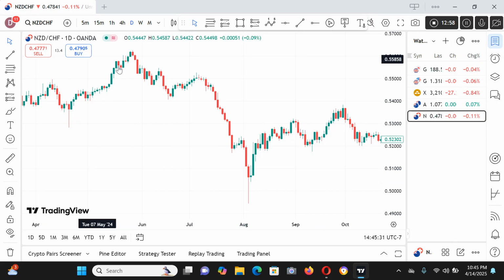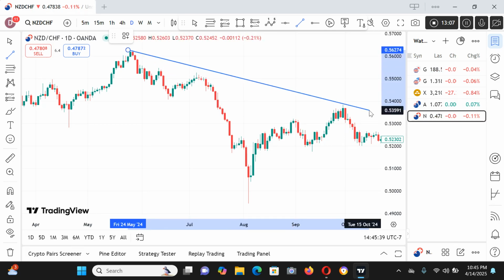So from here, this is our highest peak. It's the starting of the downtrend. So we place our trend line there, and draw it to the future to obtain a very good trend line.